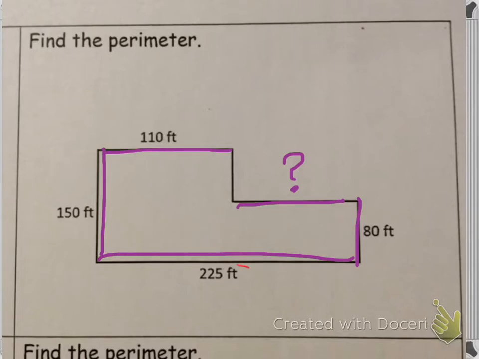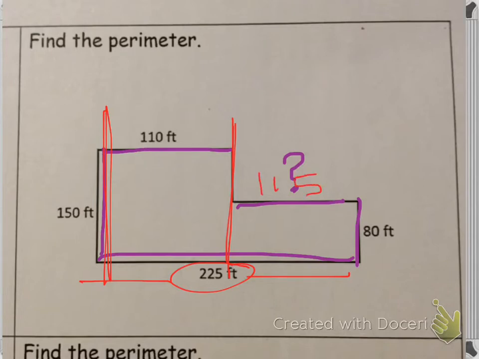Well, if you look right here, the whole length across is 225, and then from here to here is 110. So if I take the 225 and subtract the 110 from it, I get 115. So this length over here is going to be 115.